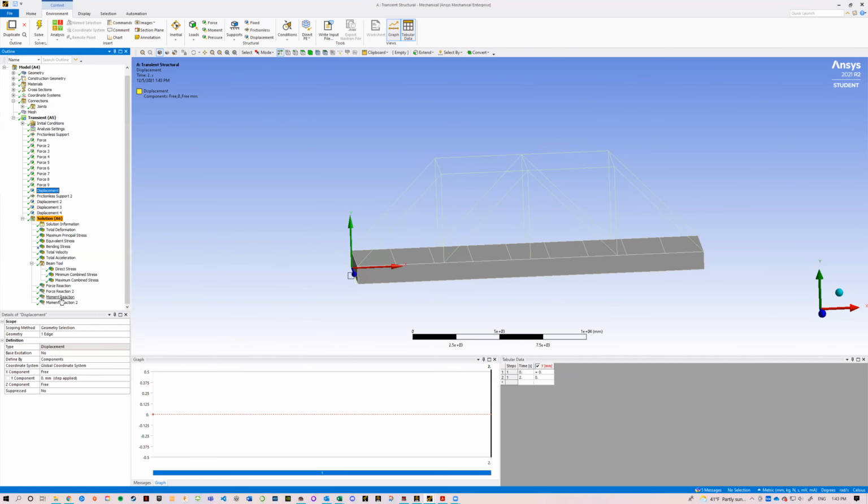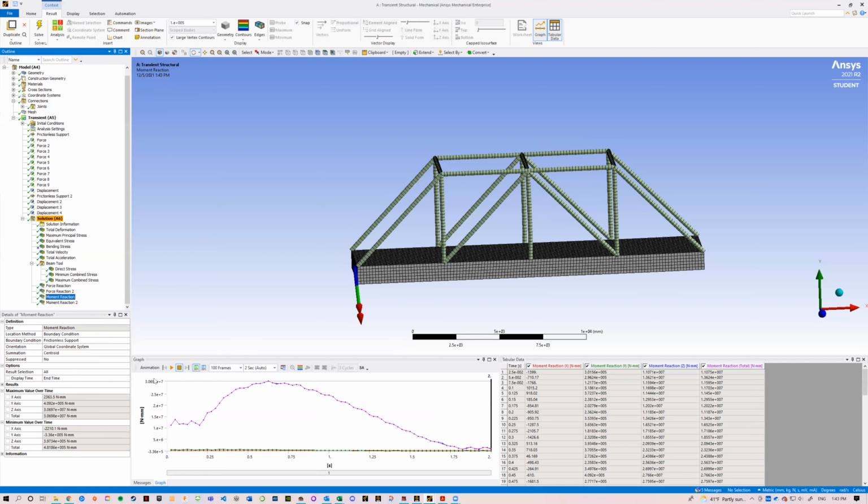Yeah, but then we also have moment reactions. So we see a maximum of 3.0698 times 10 to the 7th newton millimeters. So you take 10 to the negative third off to get that in newton meters, and then you'd get 3.968 times 10 to the fourth, I think.